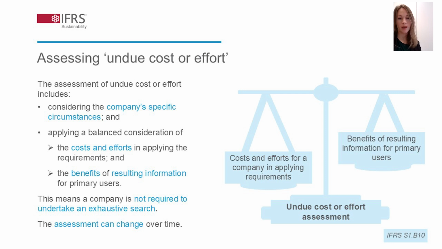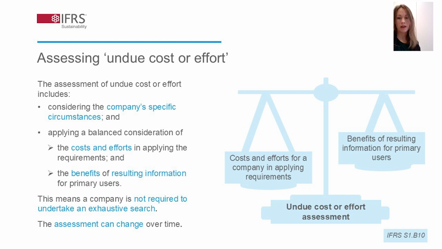What this means is, as a starting point, the company is not required to undertake an exhaustive search to obtain information to meet the relevant disclosure requirement. And secondly, in making this assessment about what constitutes undue cost or effort, companies will need to consider the benefits for primary users of the information and the incremental effort or cost required to provide such additional information.